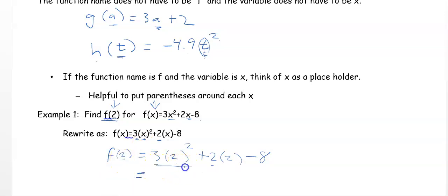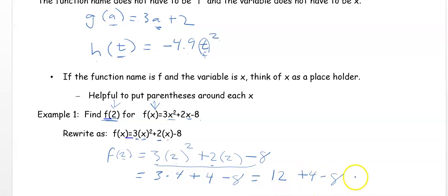So once I do that, I can now find what y is when x is 2 by calculating this using proper order of operations. That would be 3 times 4, 2 squared is 4, plus 2 times 2 is 4, minus 8. So I did the exponents first, and then I saw there were no more exponents, so then I did this multiplication. And now I have to do 12 plus 4 minus 8.